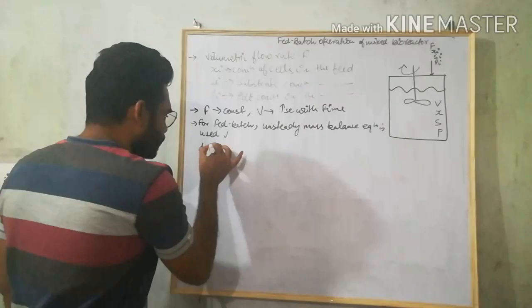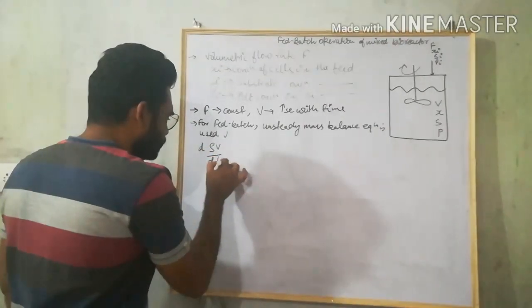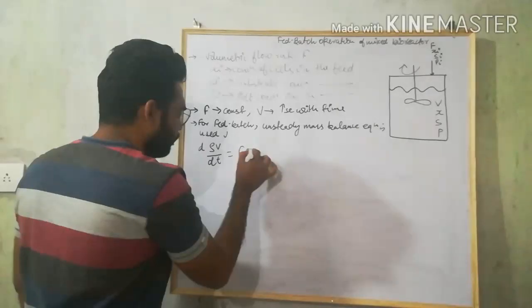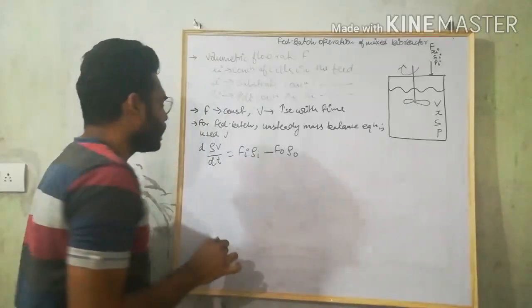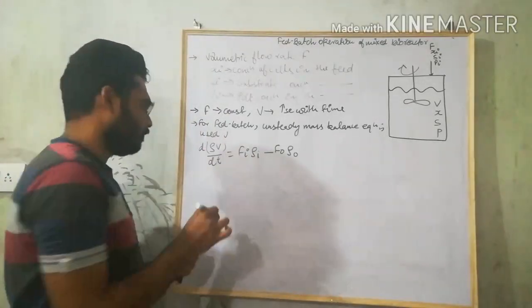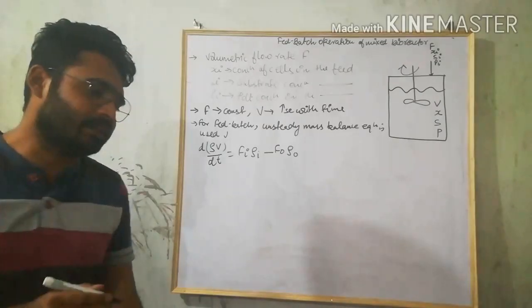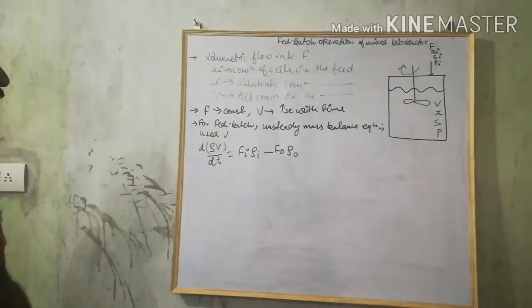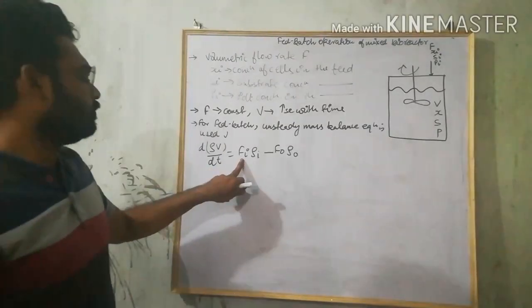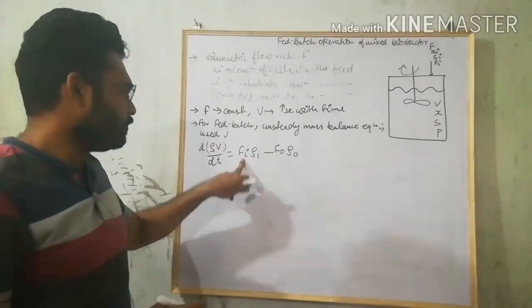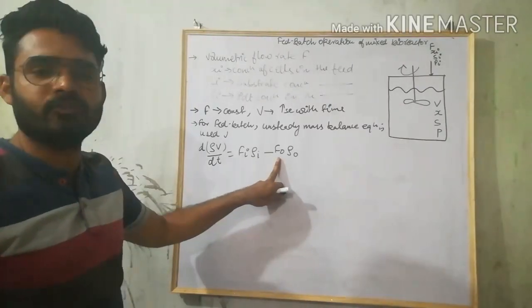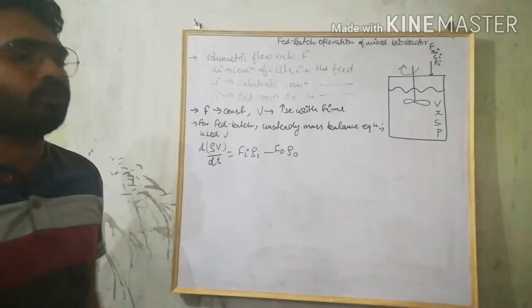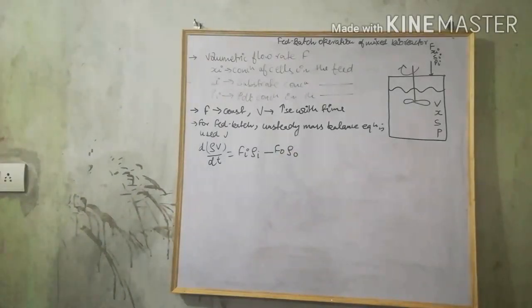Let's see. d(rho V)/dt equals Fi rho i minus Fo rho o. What are these terms? Rho is the density, right? Fi is the feed flow rate of the input stream, rho i is the density of the input stream. Similarly, Fo is the flow rate of the output stream, and rho o is the density of the output stream, right?